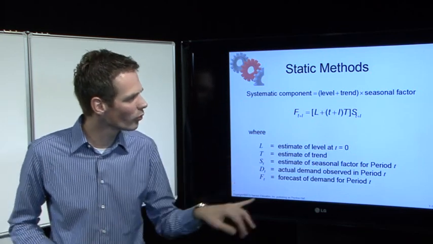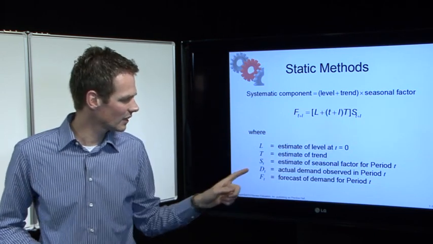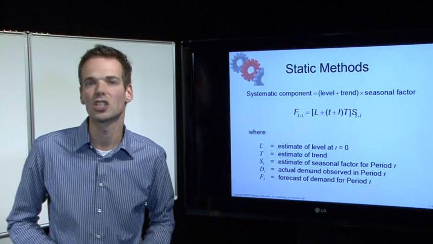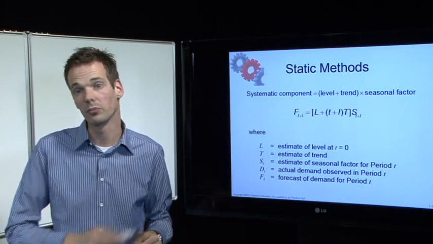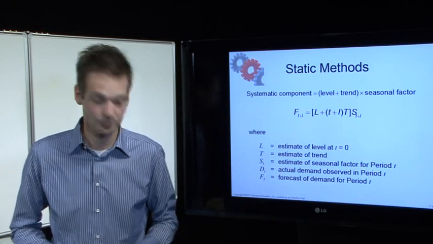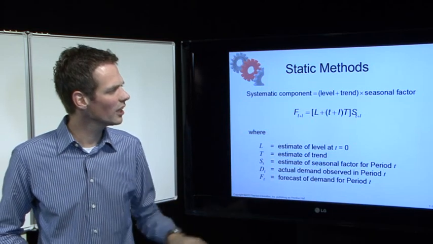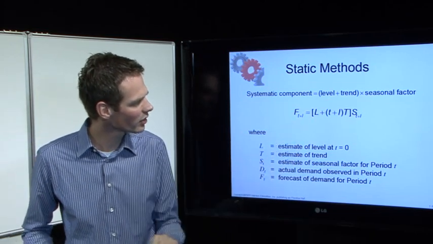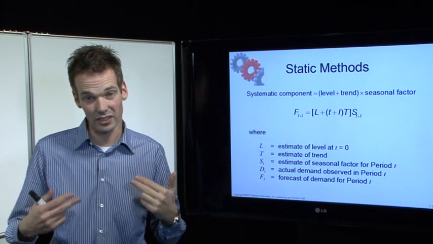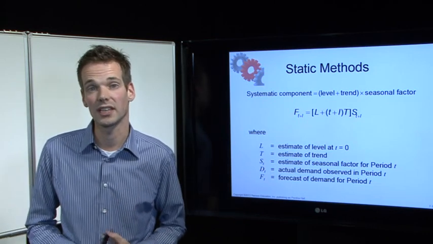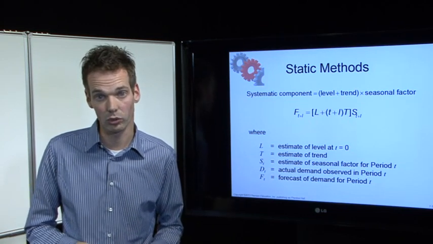The estimate for the trend is T, and S is the seasonal factor, for example for the quarters in a year. What we see here is that F is (L + Tt) times S. That's important. Please keep that in mind so we can work with it.